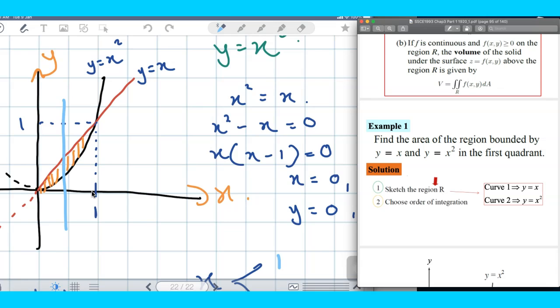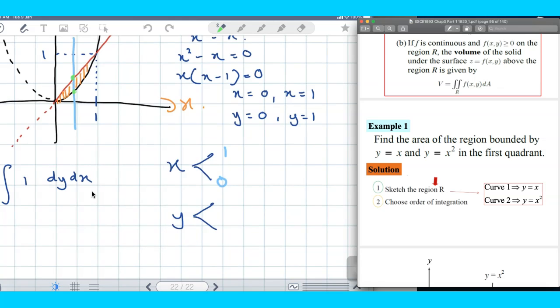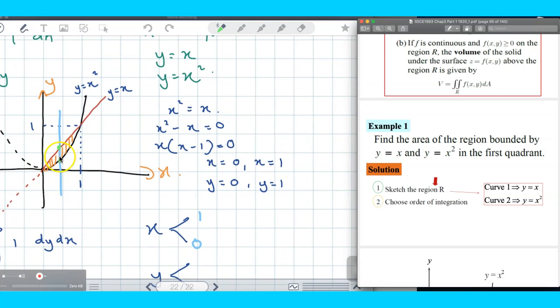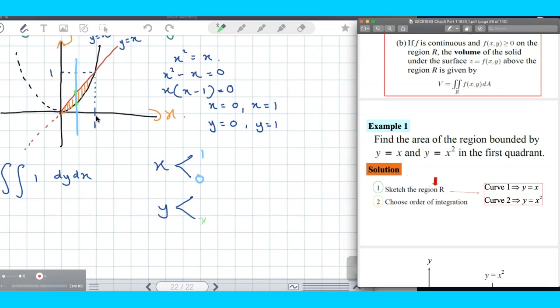We can see this one directly: that is the lower bound of y, and that is the upper bound of y. The lower bound, which line does this point belong to? This one, the quadratic, so y equal to x squared.